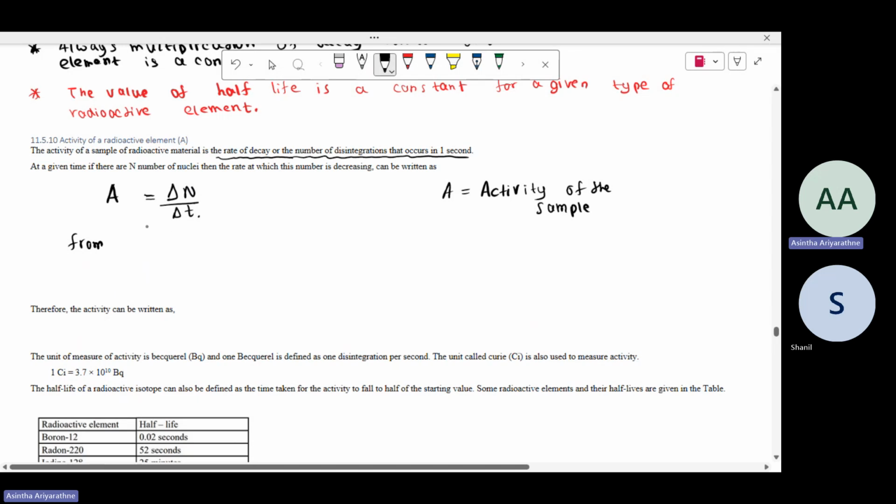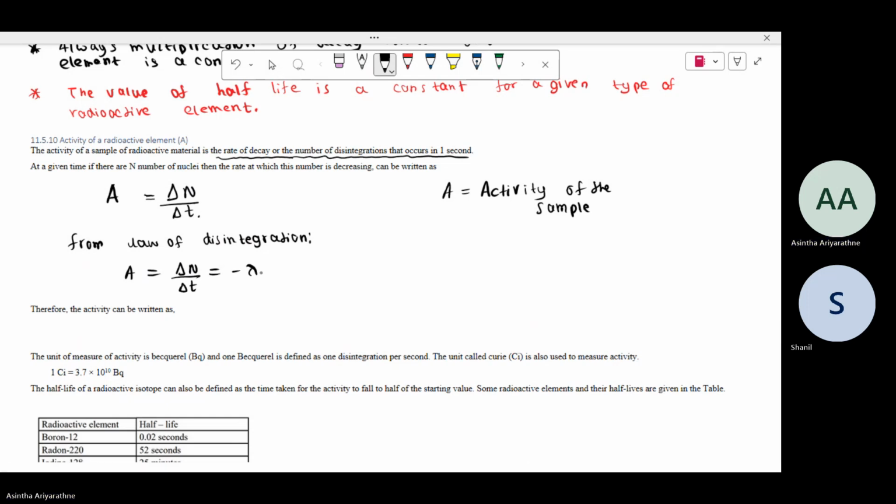So from the law of disintegration, A can be written as lambda n, so A is equal to minus lambda n.